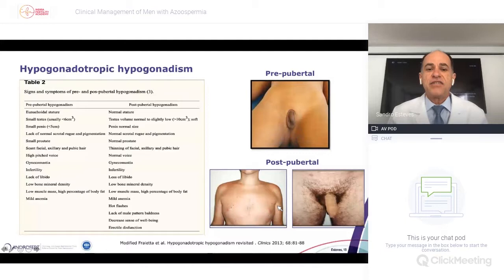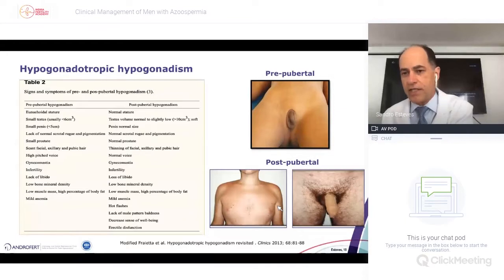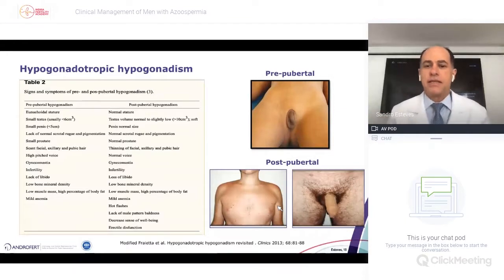In some cases, we see severe oligozoospermia. But the secondary sexual differentiation in post-pubertal patients with hypo-hypo has been achieved. So in this case, the patient has normal voice, normal prostate, and the penile length is of normal size.